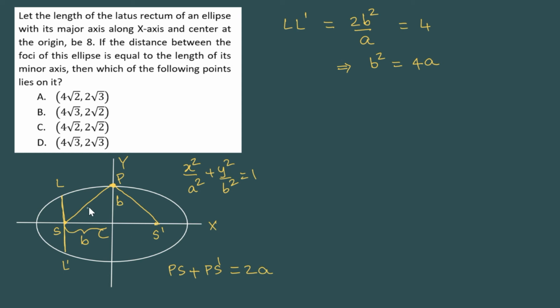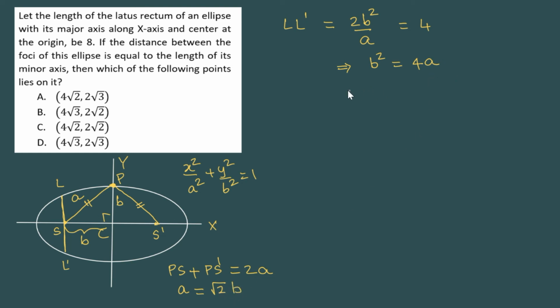Obviously PS is equal to PS prime, so I can take PS as a, and this is 90 degrees. So clearly from this right triangle, we can immediately write down that a is square root of 2 times b.